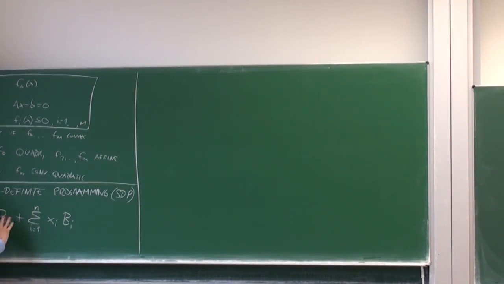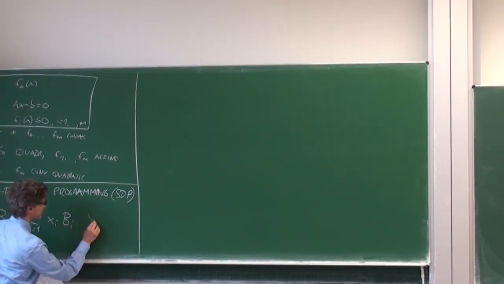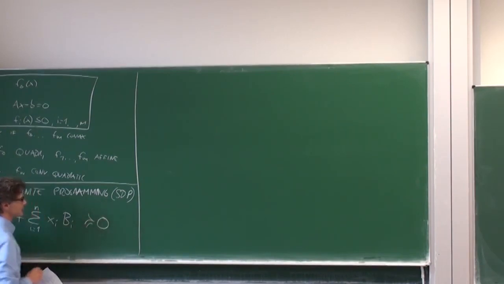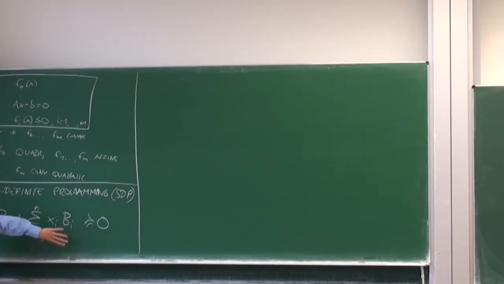These matrices are just symmetric matrices, and each of them is weighted with a scalar x, one of the components of our decision variables, and we require this matrix to be positive semi-definite. That's why it's called semi-definite programming, because we have a positive semi-definiteness constraint here. Then we have a constraint which is linear and has a matrix inequality, so this is called a linear matrix inequality.